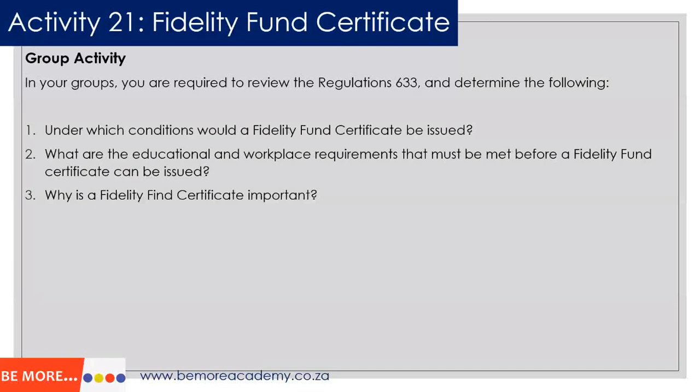Then a seller can claim from the fund if something went wrong. So that is the main reason why you have to register as an estate agent with the Estate Agents Affairs Board, apart from the fact that it's law. Any questions on this activity?